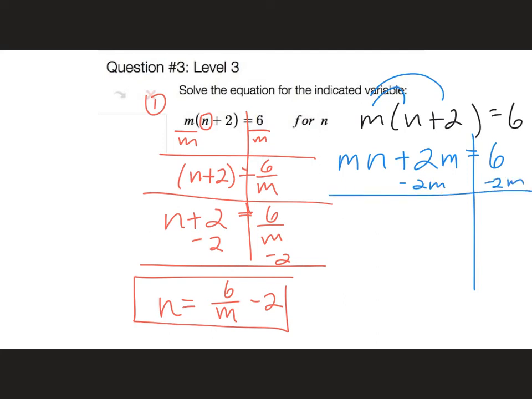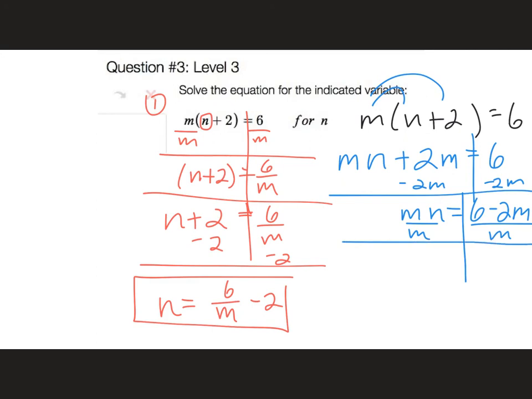So now we have mn equals 6 minus 2m. Now, to get n by itself, we're going to divide the whole side by m, giving us n equals 6 divided by m.